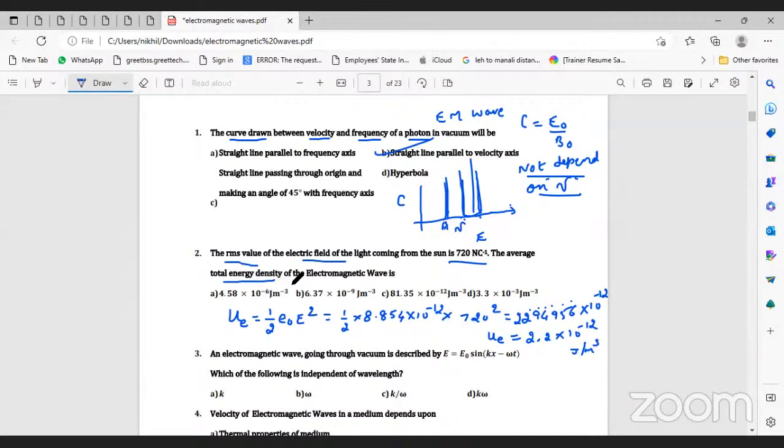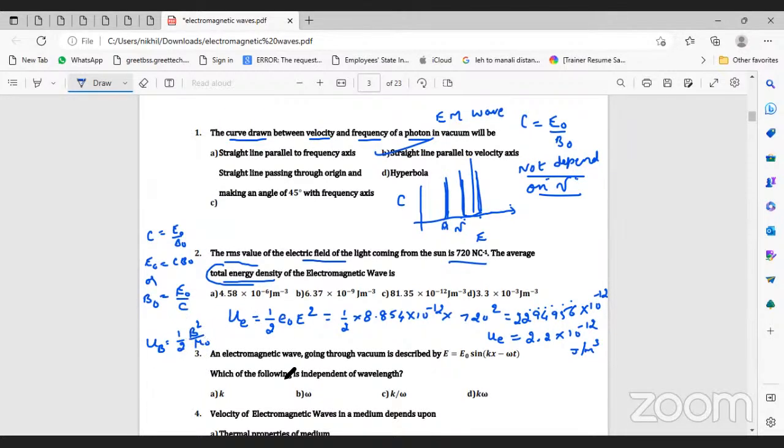Now you have to find the total energy density. You know the formula for C, which is nothing but E naught by B naught. Now E naught is nothing but C times B naught, or also you can say B naught is equal to E naught divided by C. So you can find the magnetic energy by using the formula half times B naught squared divided by mu naught.